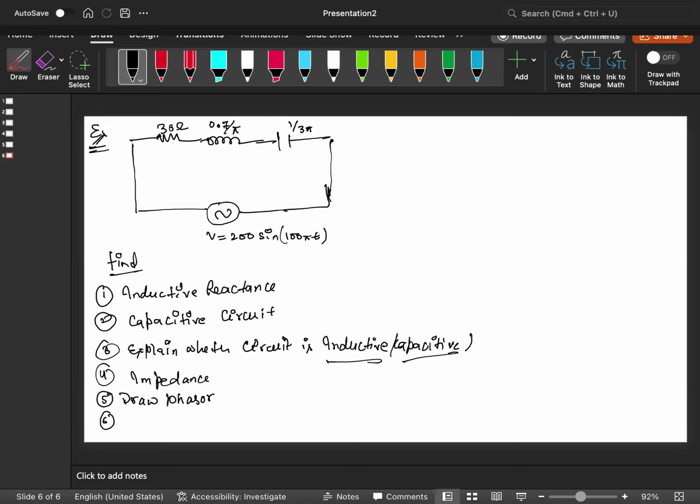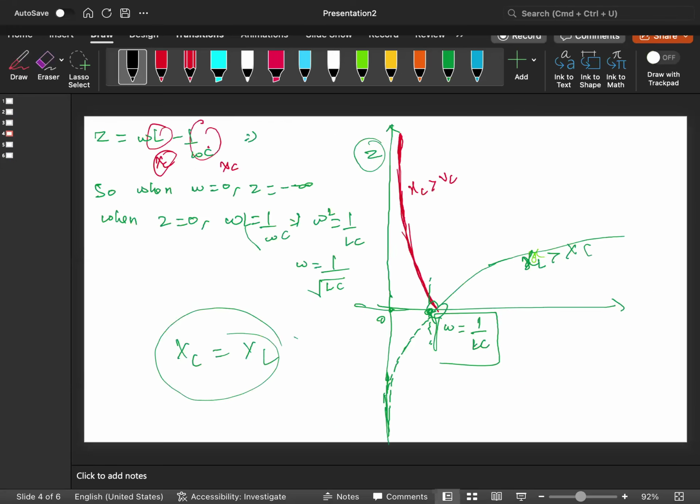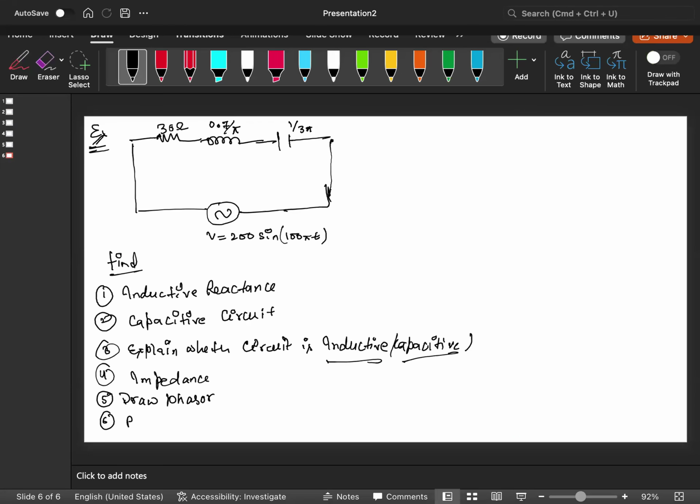Then sixth, you can calculate power factor angle.